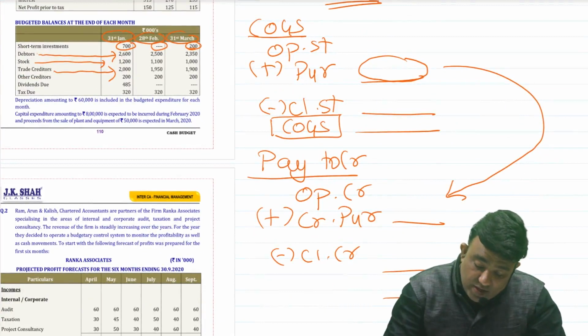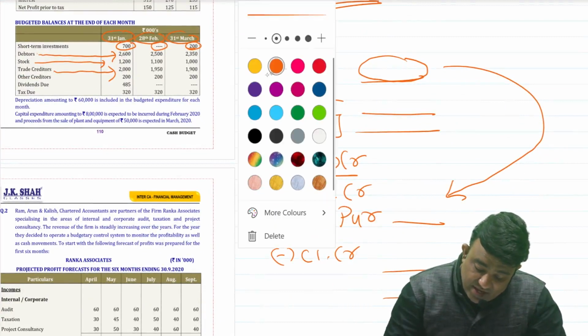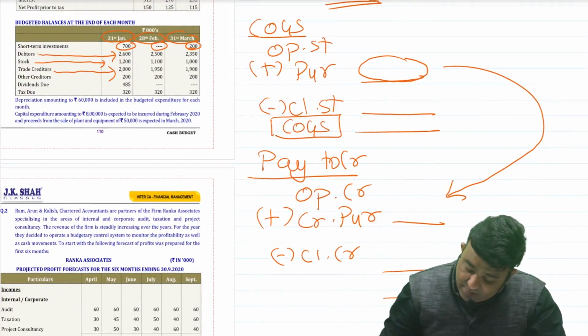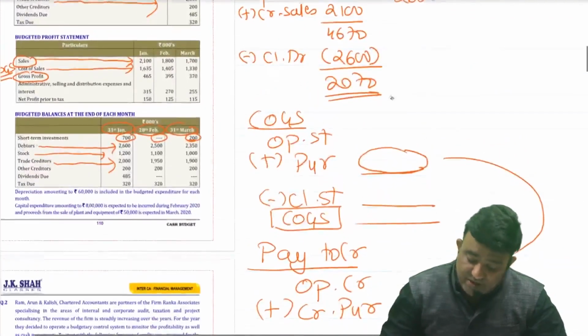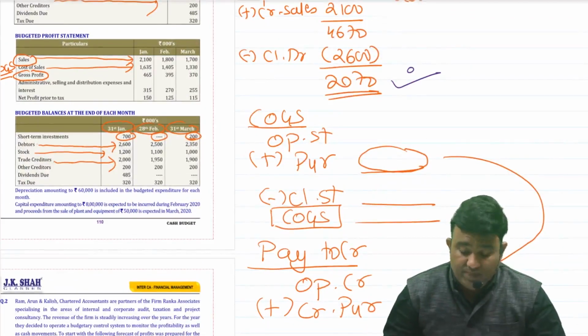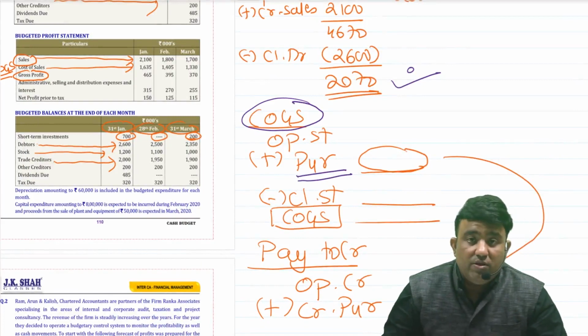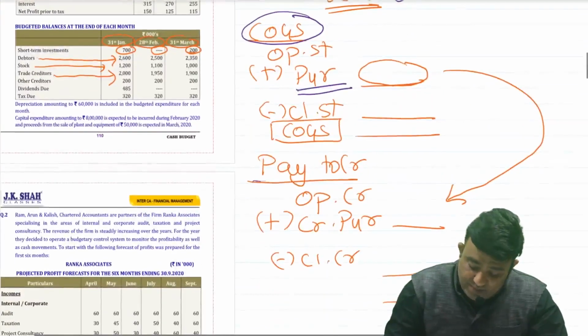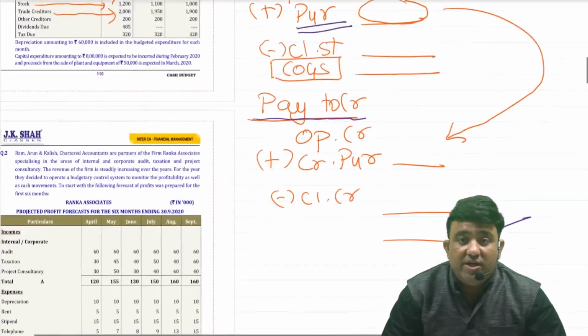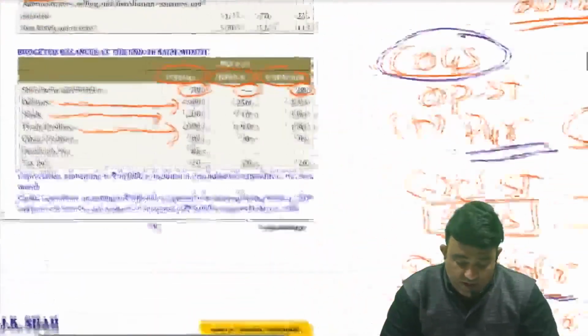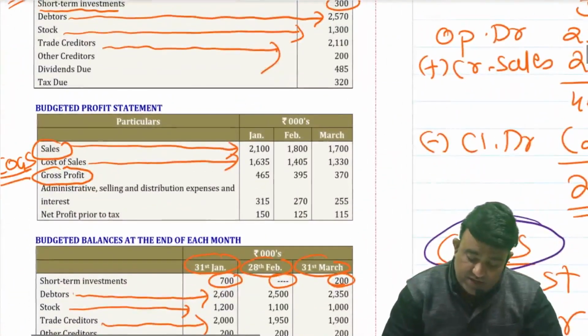So I will be giving the effect of this as a payment and I will be giving effect of this as a receipt. The purpose of preparing this note is only to calculate purchases, which will be helpful for preparing payment to creditors. Clear everyone? So this is what I mean by interpretation of ledger accounts.